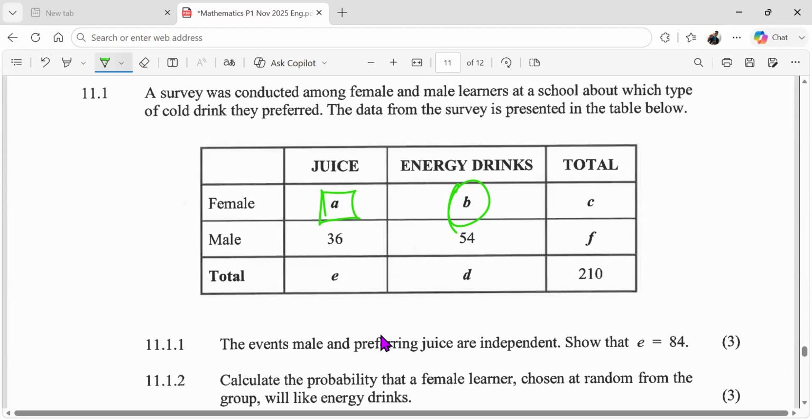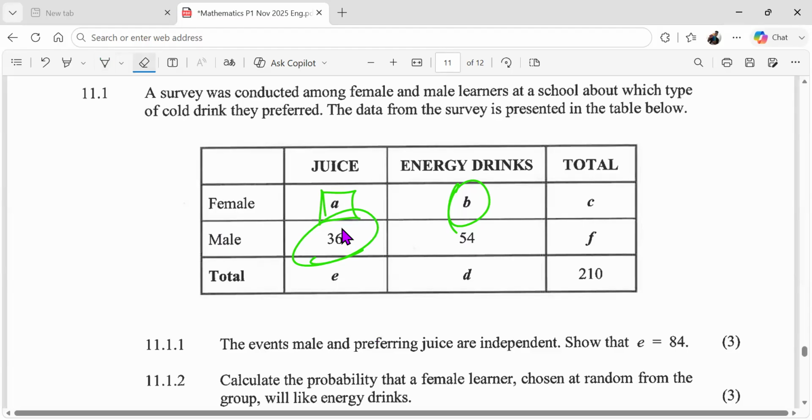Of course, they're not really probabilities, but just the number of outcomes. I just wanted to make you aware of that. 36 is the number of males that prefer juice. In other words, you are male and you prefer juice. So those are the intersections of two events.